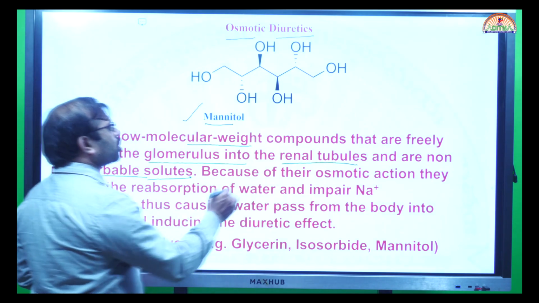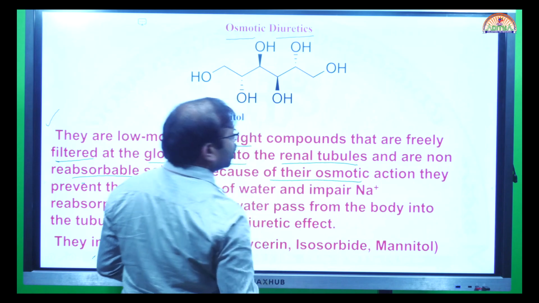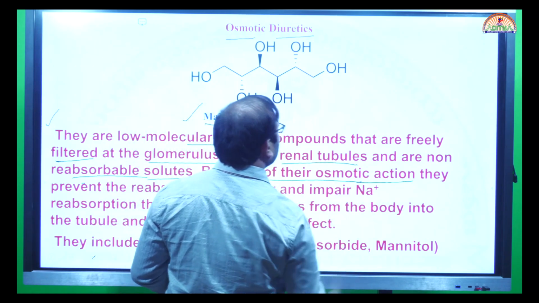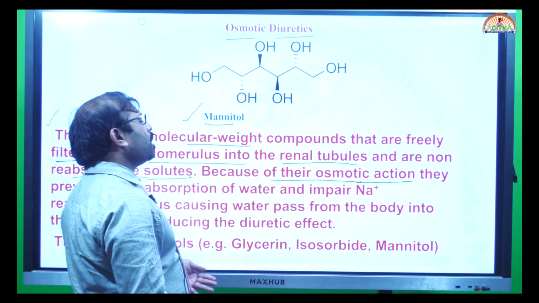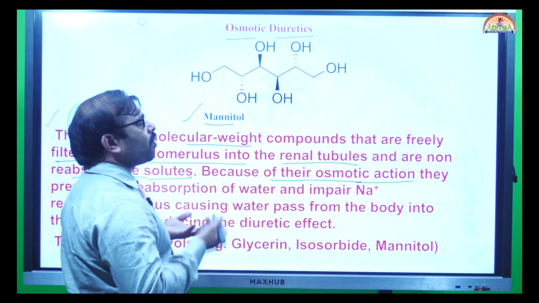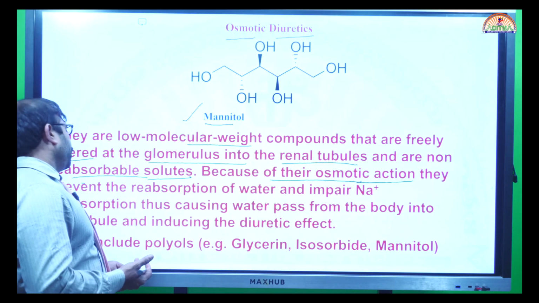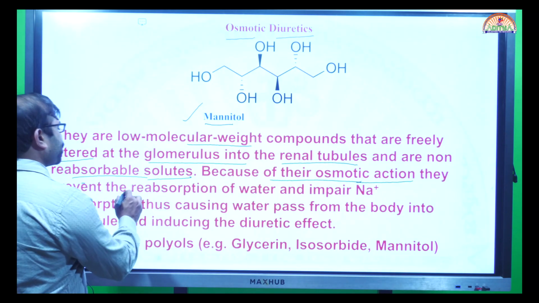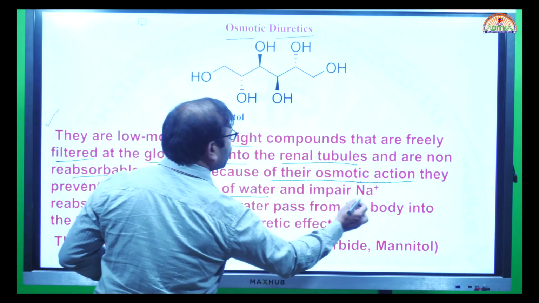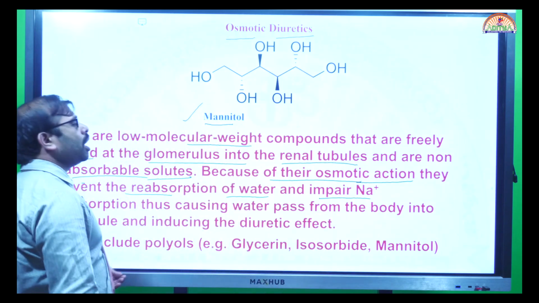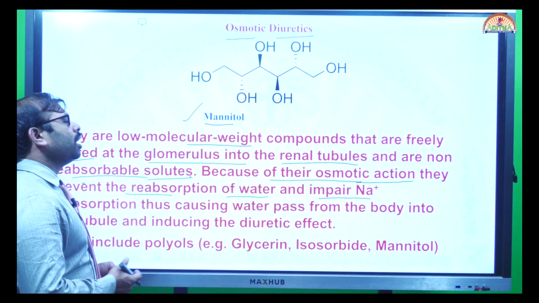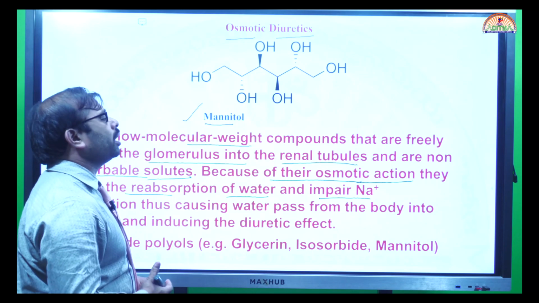Because of their osmotic action, we have known about the osmosis phenomenon. Because of the non-ionic nature, they will produce an osmotic action and prevent the reabsorption of water and sodium ions.